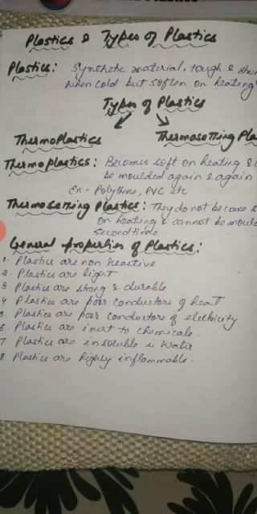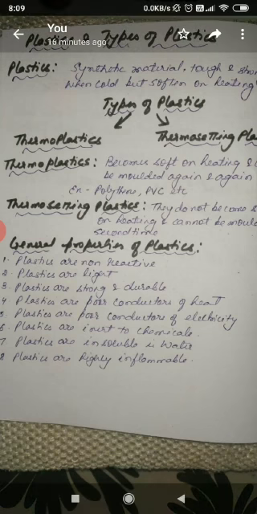So how is it made and what are the different types of plastics? The property by virtue of which a substance can be easily molded into sheets or drawn into fibers on heating is called plasticity. So what are the different types of plastics?